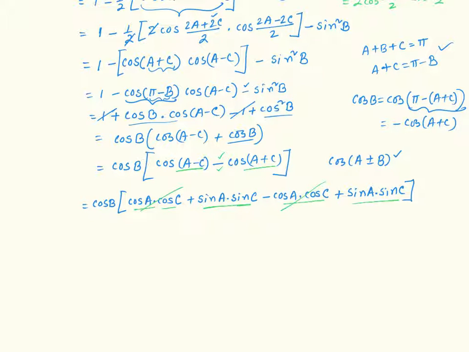So it's going to be 2 sine of A times sine of C. So I'm going to have cosine of B times 2 sine of A times sine of C. Now if I simplify it, I'm going to have 2 times sine of A times cosine of B times sine of C. By the way, this is exactly the right hand side of the equation. So we started off with the left hand side and we ended with the right hand side.